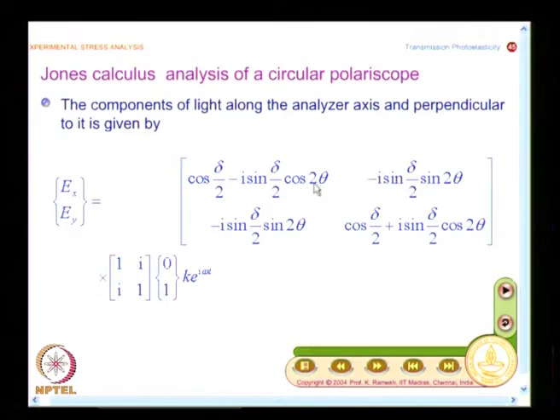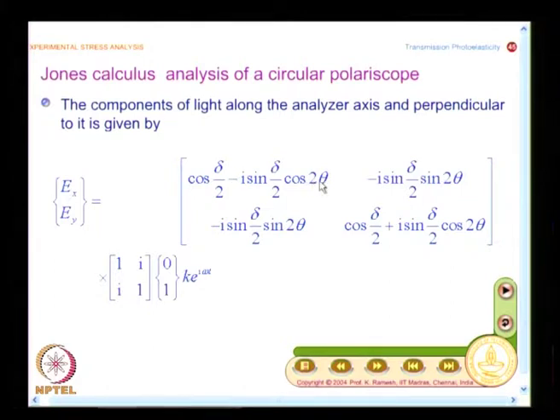Instead of cos 2 theta, you have sin 2 theta here, i sin delta by 2 sin 2 theta and i sin delta by 2 sin 2 theta. It is a symmetric matrix. From the imaginary quantity point of view, it is symmetric. If we put the real part, it will be skew symmetric. So, this is representing the model, because our goal is to find out delta and theta of the model.